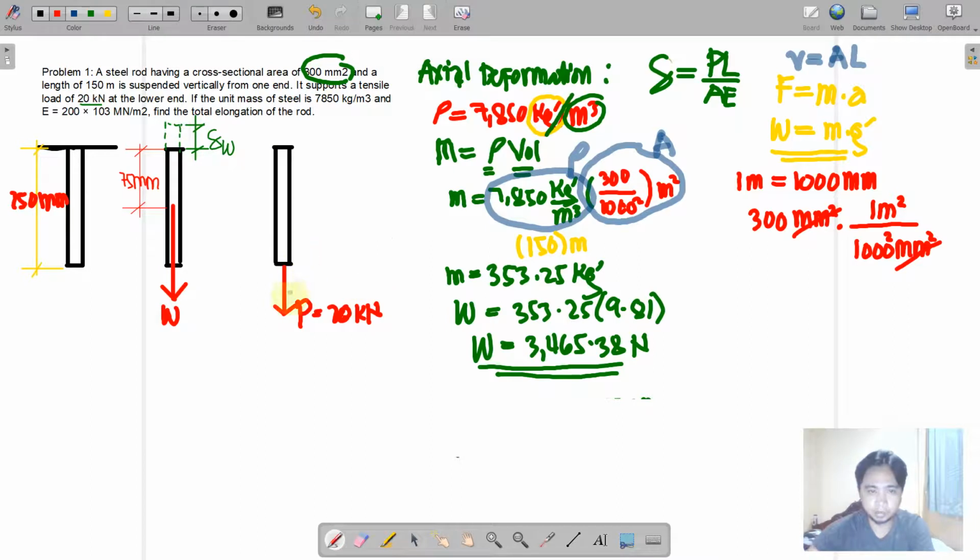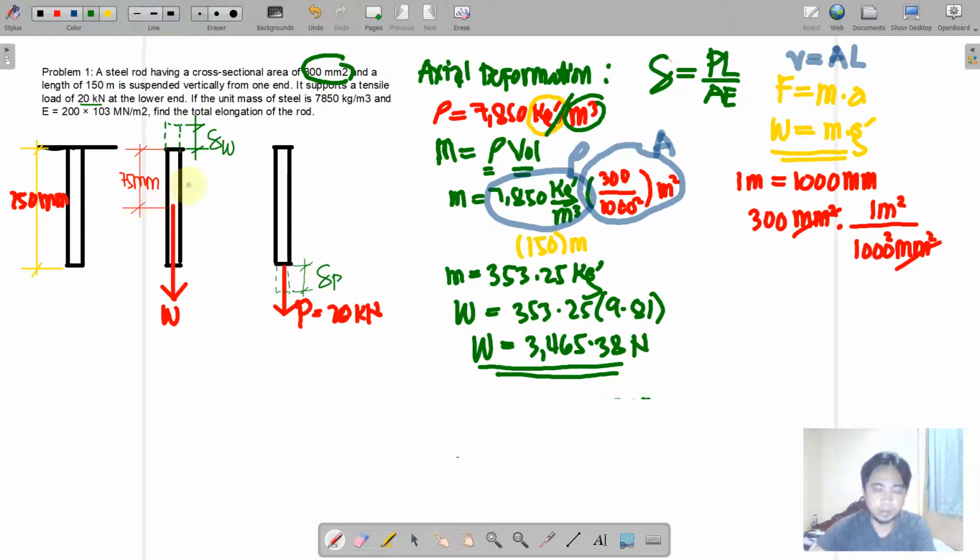So by this, we will be having a deformation at the bottom fiber of this rod. Okay, see, this is the bottom fiber of this rod. Say this is delta due to P.